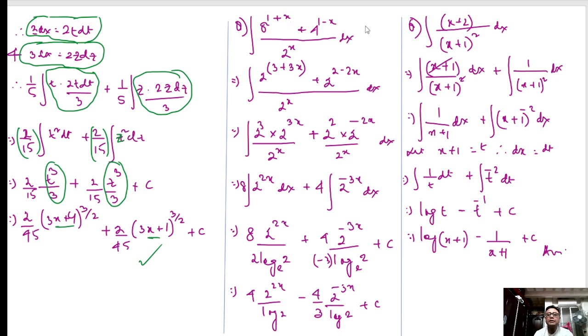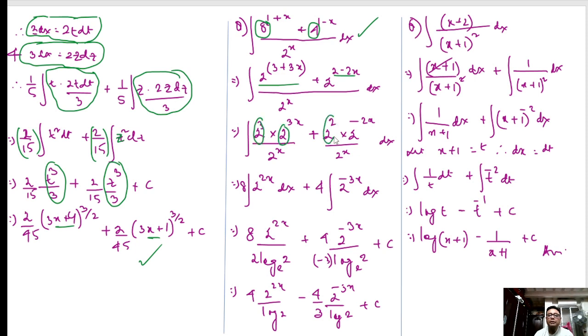Let's see, this is the sum given. What we have done is we have written 8 as 2 cube and 4 as 2 square, so this becomes this. Now this can be broken and written like this.